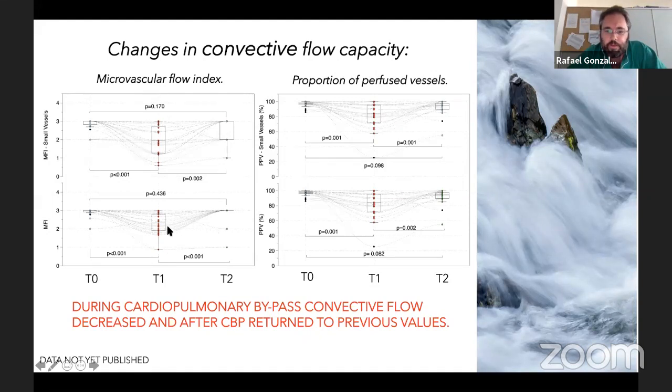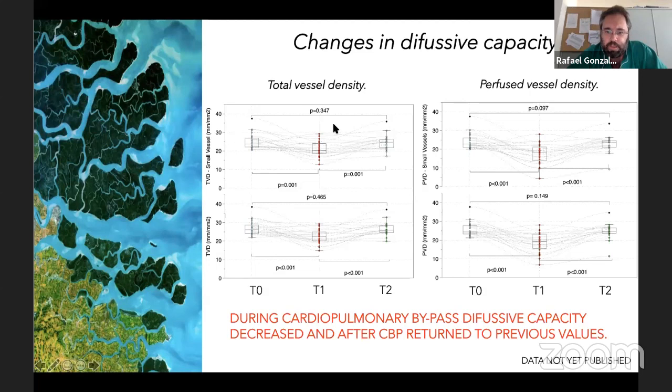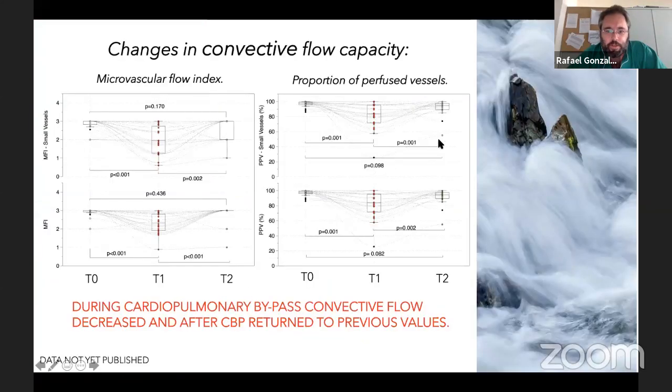Then after surgery, both the vessel density and the flow recovered to the previous conditions, but there were some patients in whom they did not recover to the previous condition. They kept their situation altered.